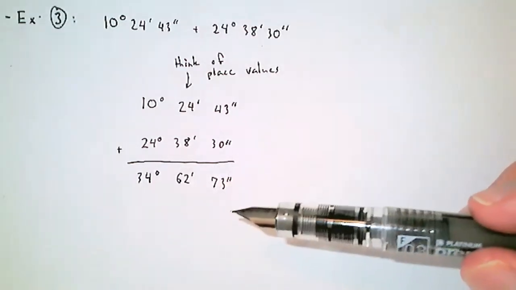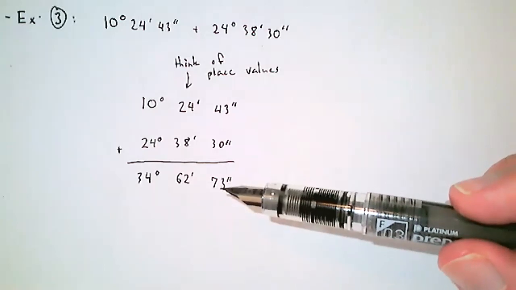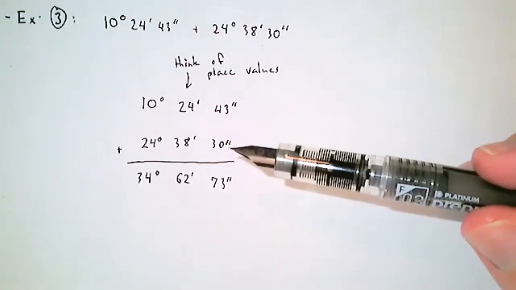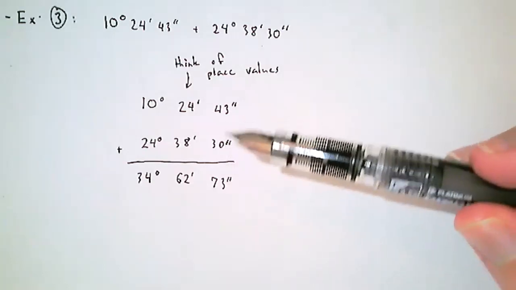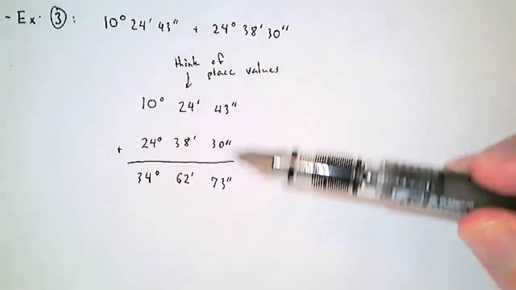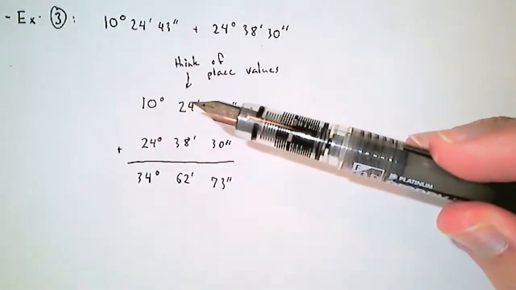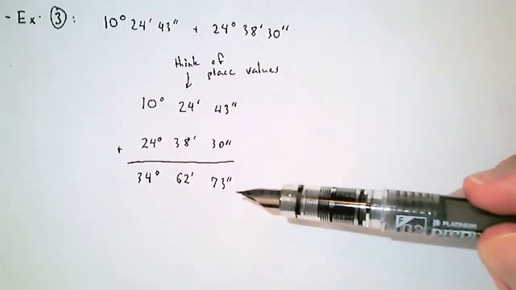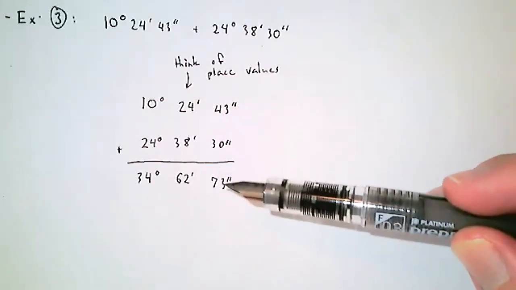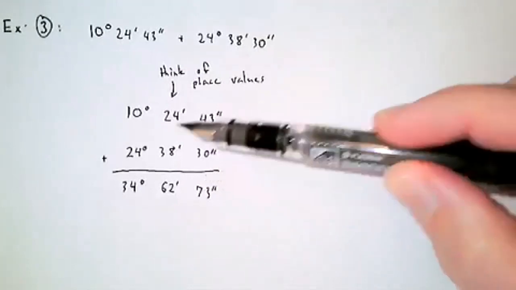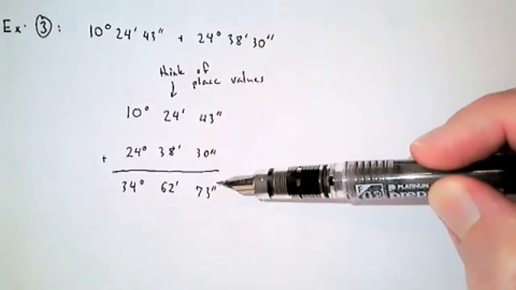So this is something like carrying a 1 when you are back in elementary school doing place value. So if you add 2 numbers and you get something bigger than 10, you know you have to carry a 1 to the next biggest place value. So if I get something bigger than 60 here, I have to carry a minute up from my seconds.